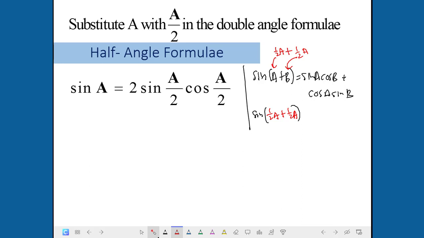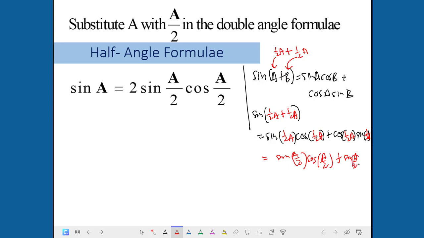Okay, substitute. Sin of half A plus half A is equal to sin A cos B plus cos A sin B. So now A changes to half A, and B also changes to half A. Now here, sin A over 2 cos A over 2 plus cos A over 2 sin A over 2.